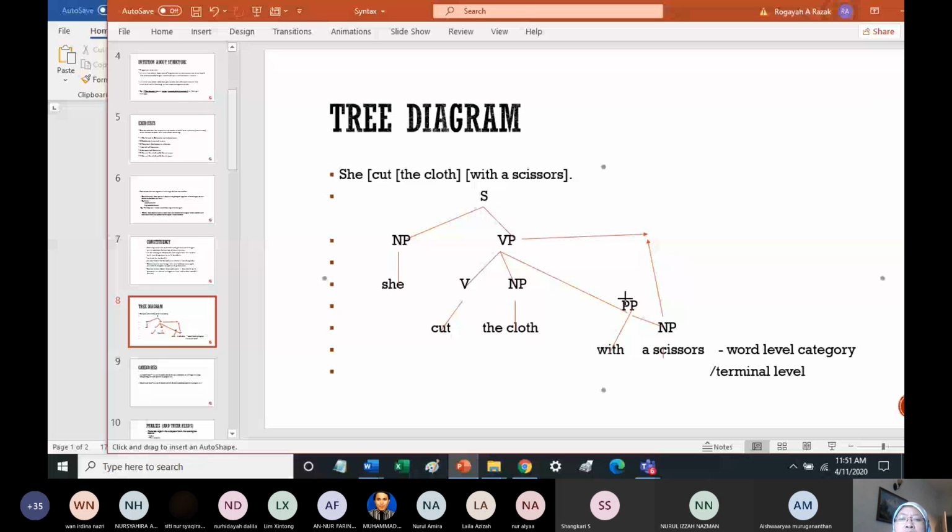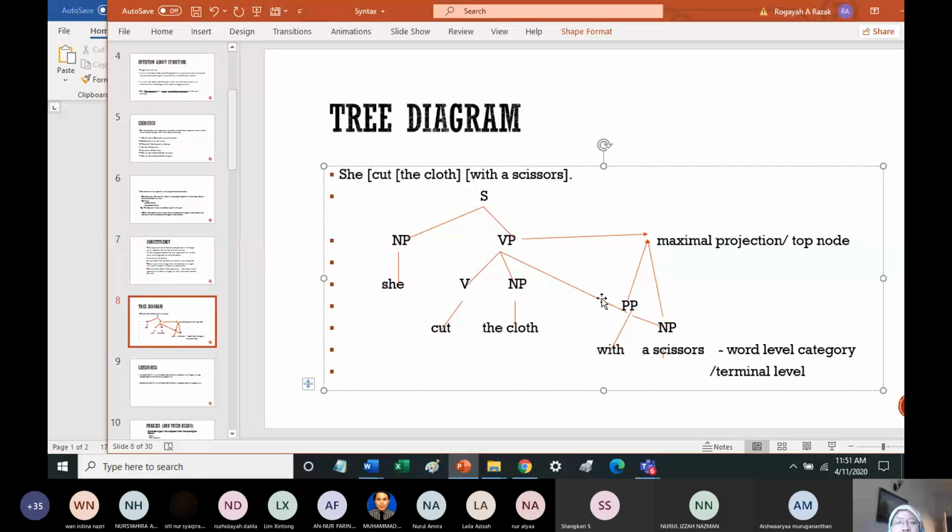This is what we call maximal projection. Top node level. So already you can see the hierarchy of the tree.